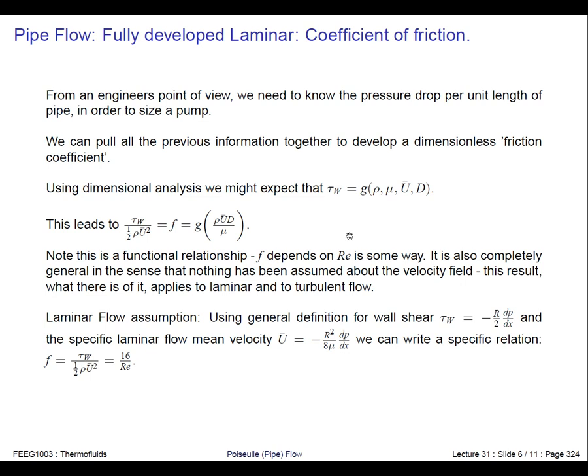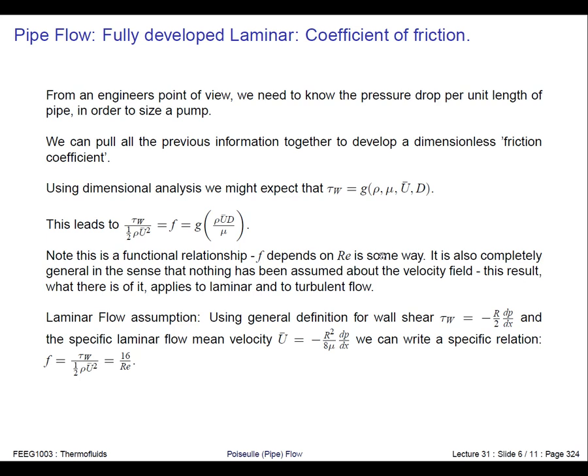So if we're going to do an experiment to work out what the pressure drop is on a pipe, effectively what we need to do is plot F on the y-axis and the Reynolds number on the x-axis. Then all of our experiments on all our different fluids, diameters and velocities will collapse onto the same graph with the same results.